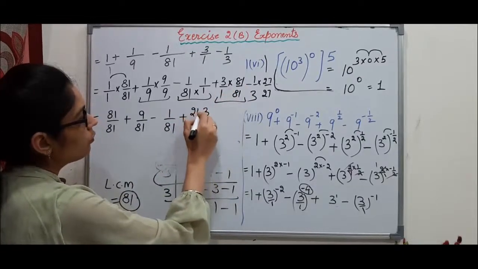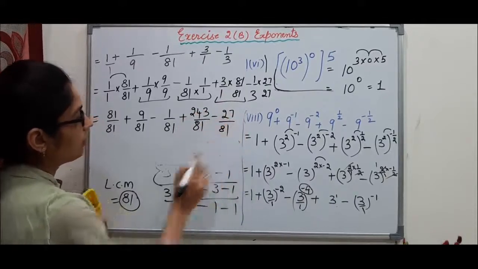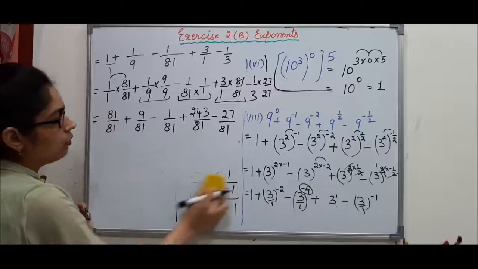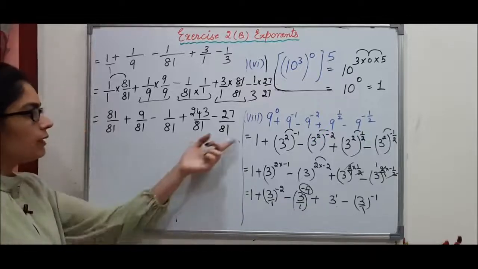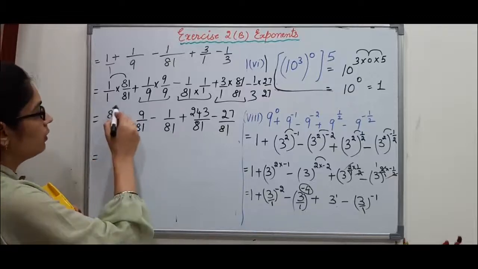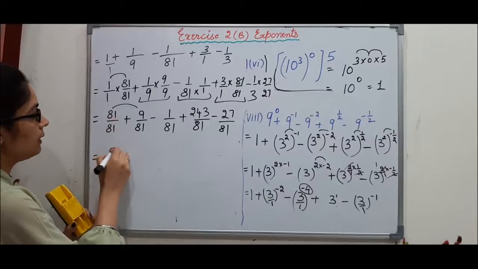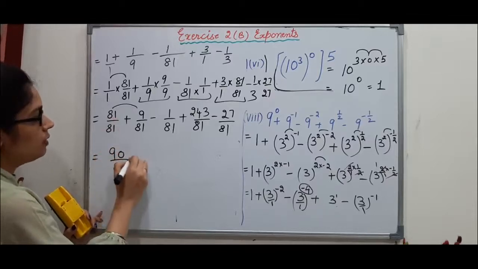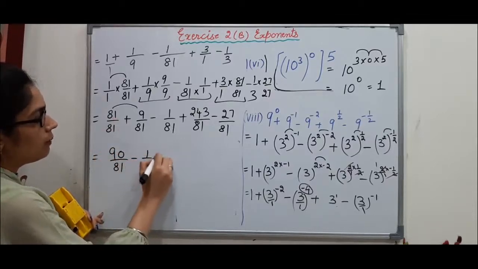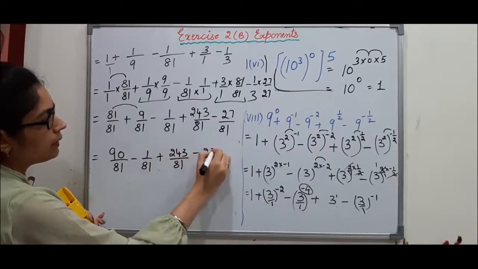It is 243 minus 27 by 81. Now all the denominators are the same, so we can add the numerators. 81 plus 9 is 90. 90 by 81 minus 1 by 81 plus 243 by 81 minus 27 by 81.